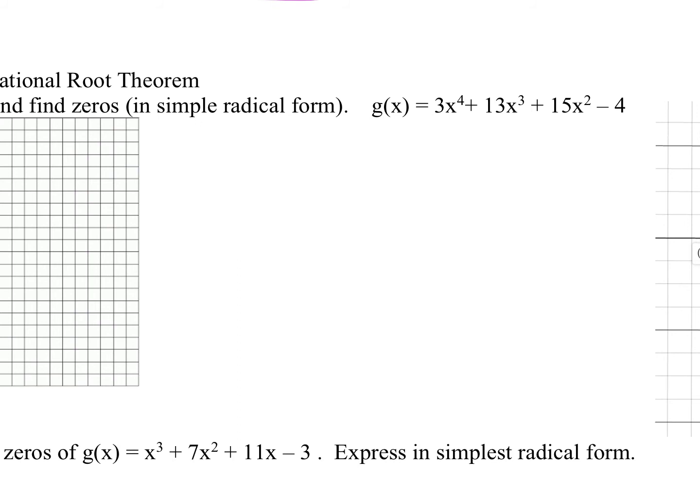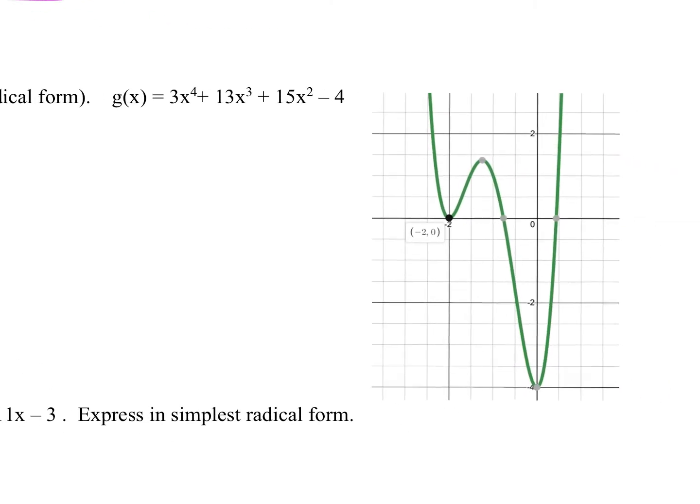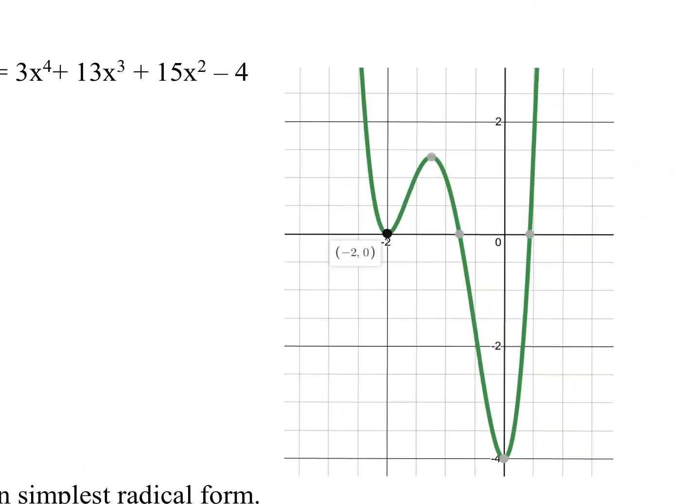So what we can do is we can use a graph to find a real rational x-intercept. So here I have this graph, and I'm trying to find my x-intercepts. I can see that I have one at -2, but these other x-intercepts do not occur at nice, easy locations.